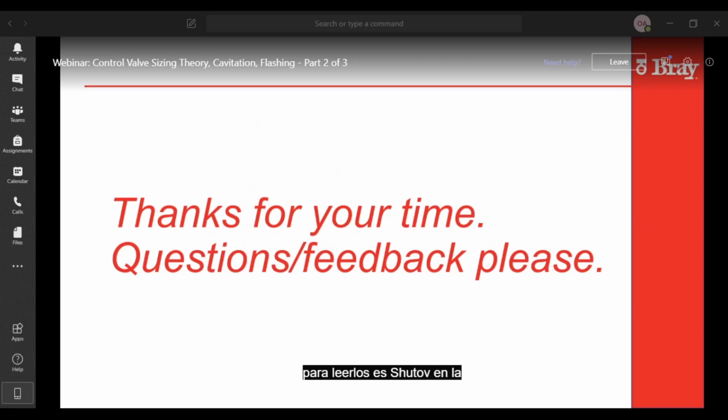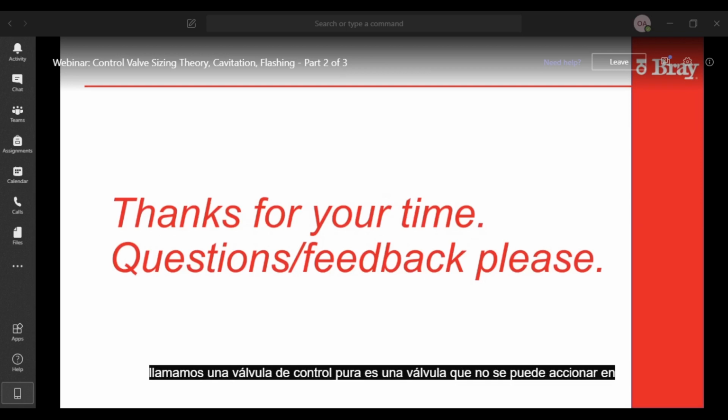Is shutoff in class 6 the same? Actually, it is, but at the same time, shutoff may be different from one manufacturer to another, or one style of valve to another. Pure control valve, what we call a pure control valve, is a valve that cannot be actuated in any other way than in a control situation.